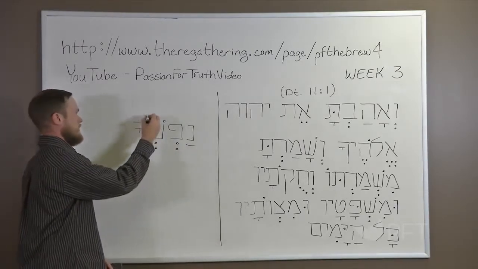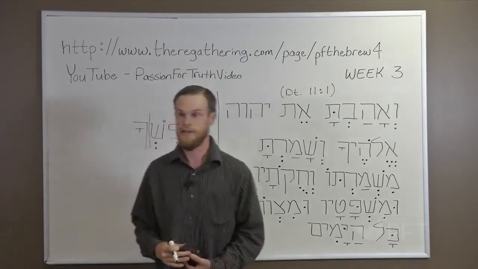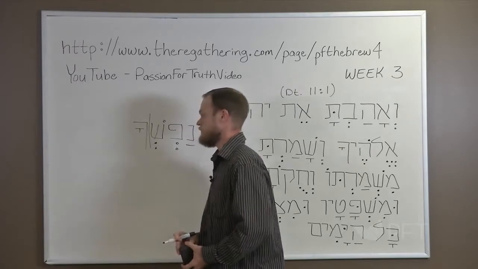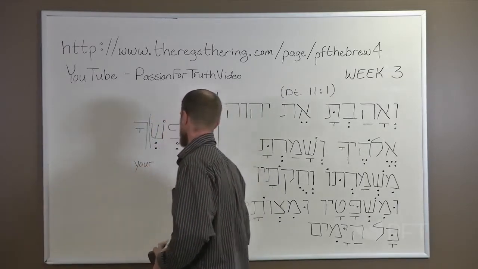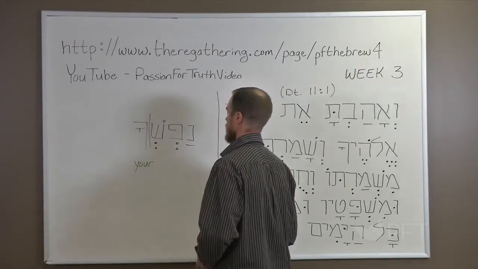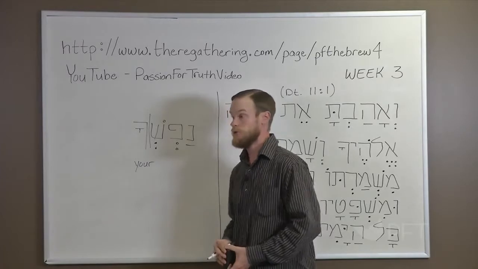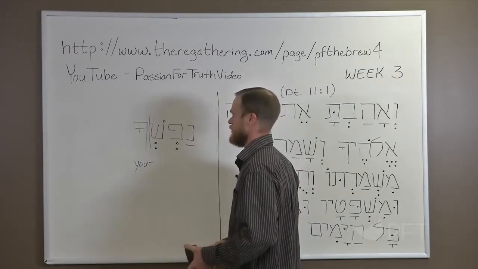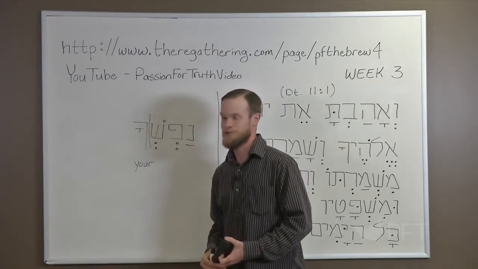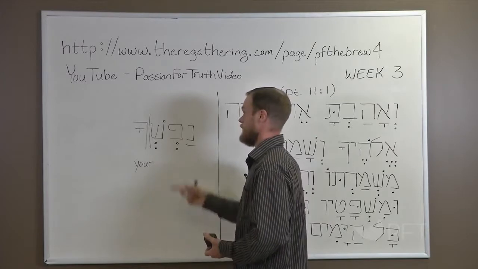Again, we can separate off the suffix right away. That's our indicator of who owns this. This comes from nefesh, and nefesh is usually translated soul. That's another word I highly recommend doing a word study on, because it will bring to light a number of features about this.